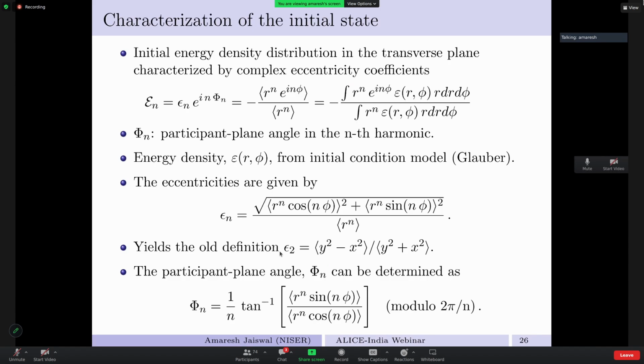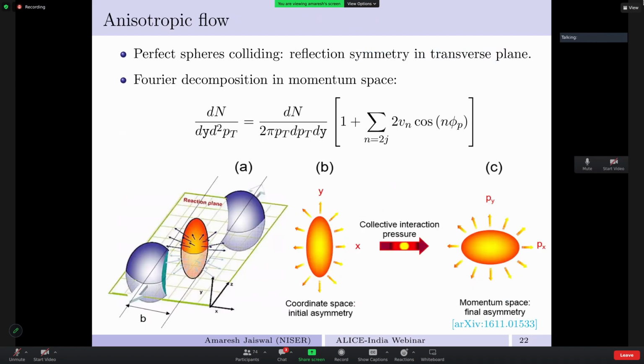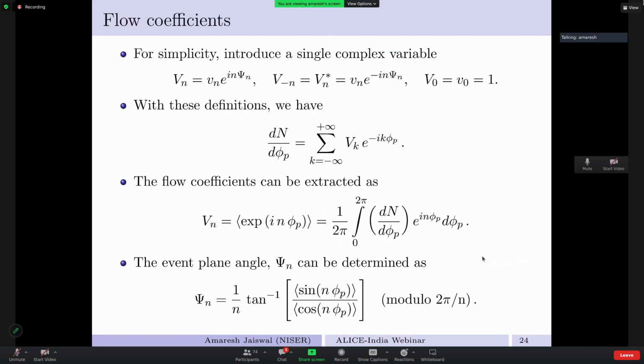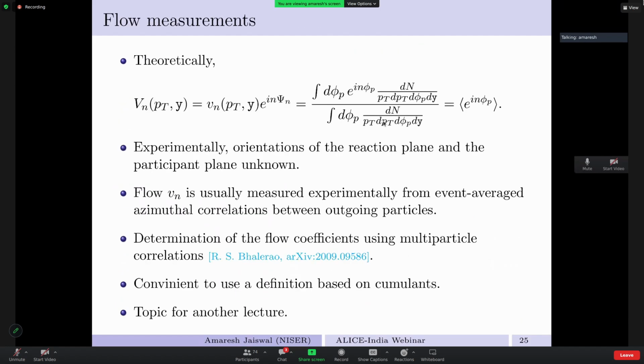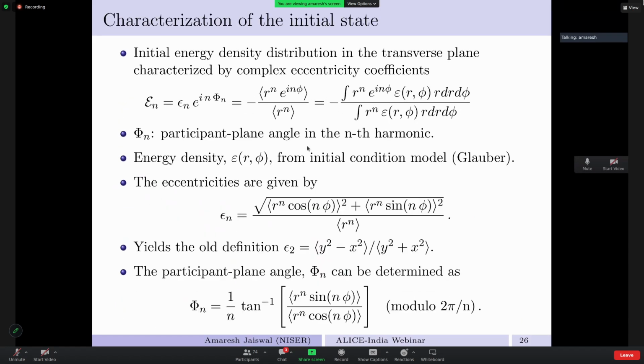We want the eccentricities to be positive, because as you can see in the picture, the initial shape is elongated along y, but the final momentum anisotropy is along x. So one of them has to have the opposite sign. So you consider both of them positive and put a sign by hand as a convention, or one becomes negative compared to the other. Right, and it agrees with the old definition of second eccentricity.